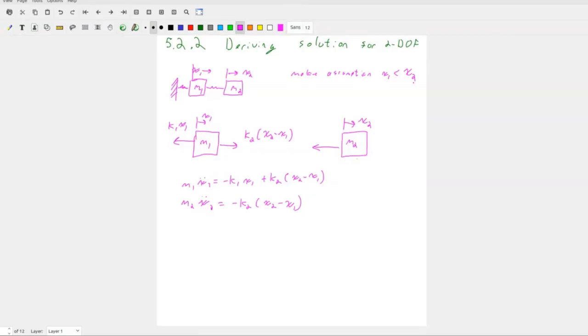All right, so now I want to rearrange this a bit. I'm going to move 0 to my right-hand side. That's where my forcing functions go. And so we have M1 x1 double dot plus K1 plus K2, all in parentheses, times x1, minus K2 x2 is equal to 0.